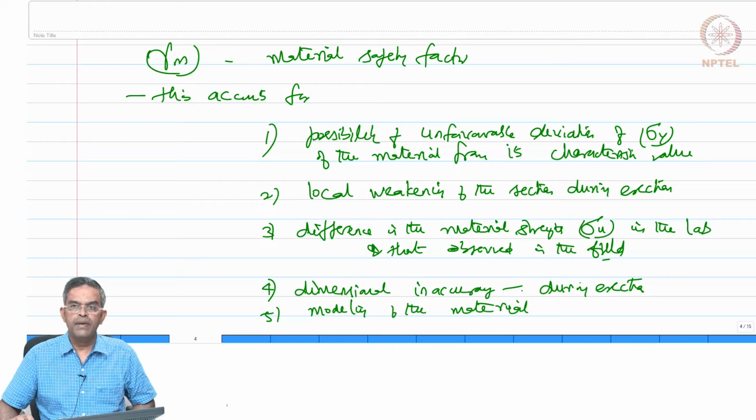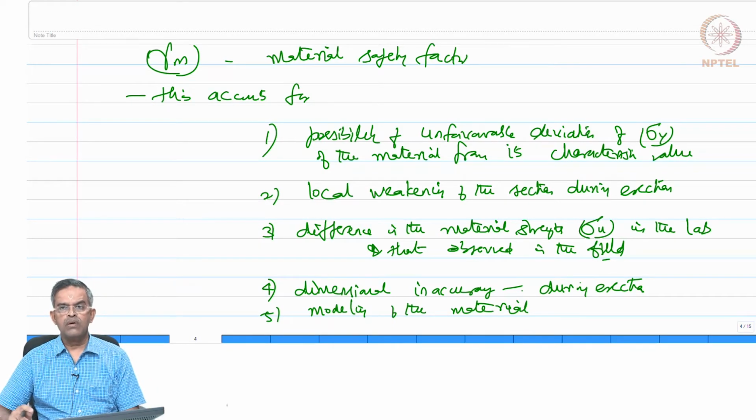However, many codes do not distinguish these factors elaborately and do not give the percentage contribution of gamma m or gamma f from independent factors. They give a single combined number. Okay.